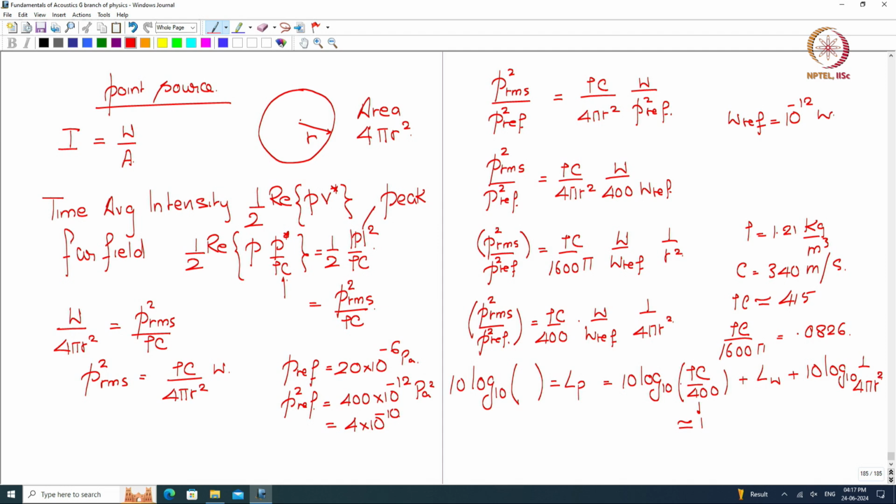So we are going to ignore this because log of 1 is nearly 0, so we drop this value. So what I get is LP is equal to LW plus 10 log to the base 10 of 1 over 4 pi R square.